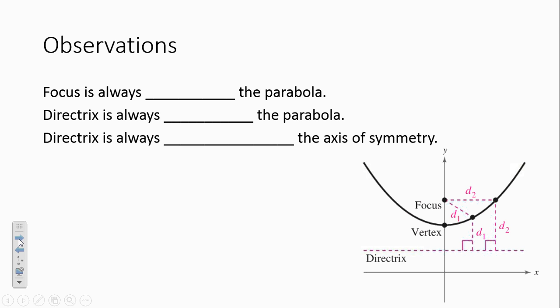Okay, so the focus is always going to be inside the parabola. The directrix will always be below or outside of it. And we shouldn't really say below, because what if our parabola was reflected down? Okay, so directrix is always going to be outside the parabola.